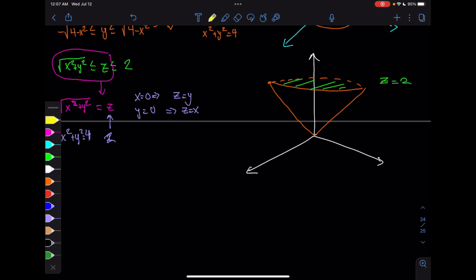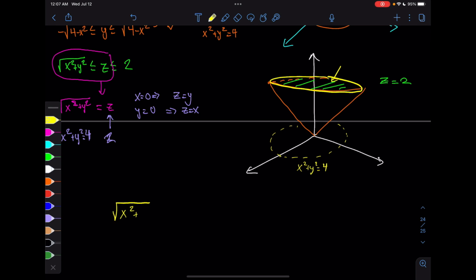It casts a shadow; it projects onto the xy plane in the shape of the circle x squared plus y squared equals 4, which should make sense. Because the circle on the top is the intersection of our cone, which is the square root of x squared plus y squared, and our plane, which is z equals 2, and that yields the result square root of x squared plus y squared equals 2.